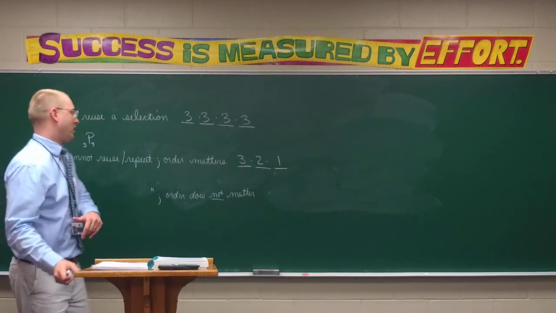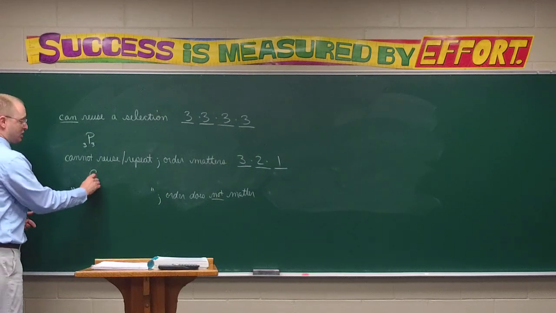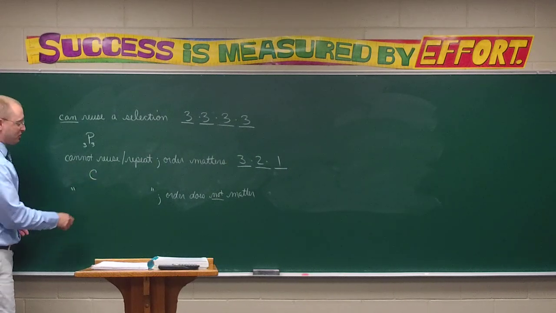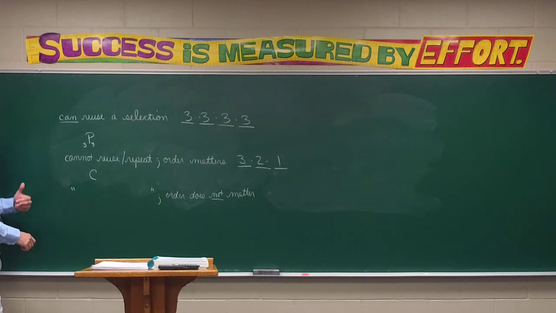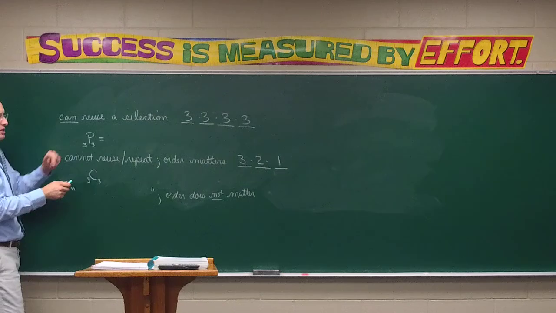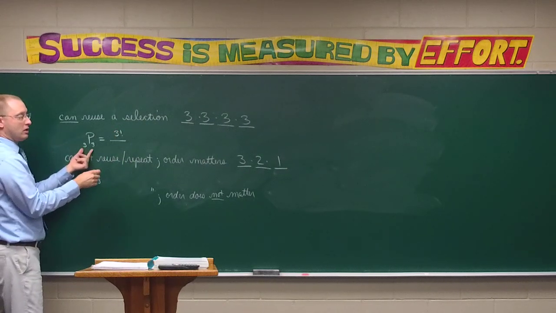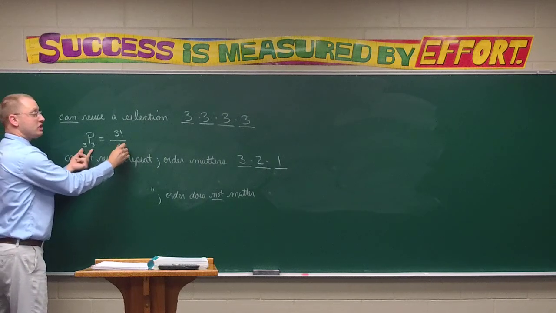If I really need 3 helpers, but the order that I pick them in doesn't matter, then we would use the combination. A combination of 3 pick 3 sounds silly, but would it be the same as the permutation? Actually, it wouldn't be. For the permutation, remember, the top is going to be 3 factorial over 0 factorial.